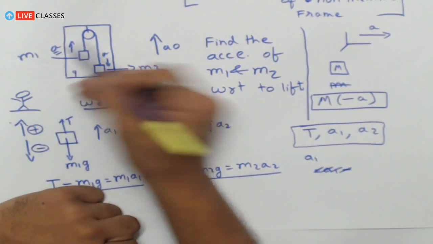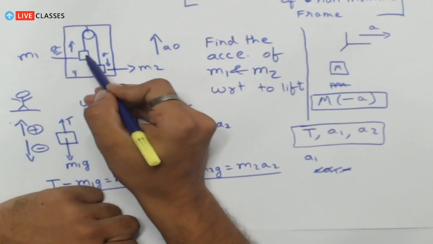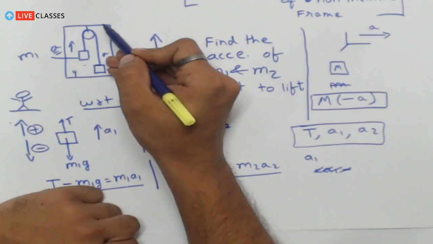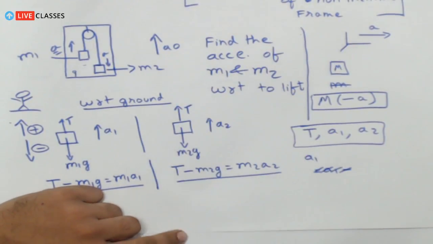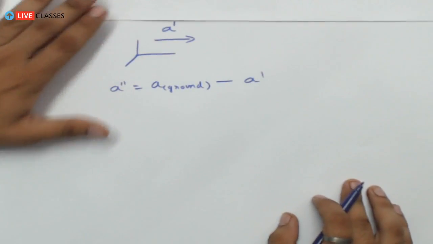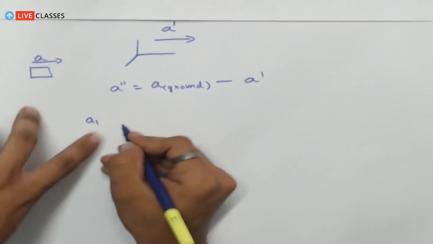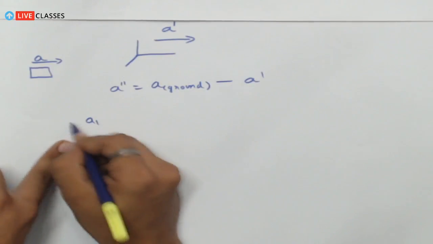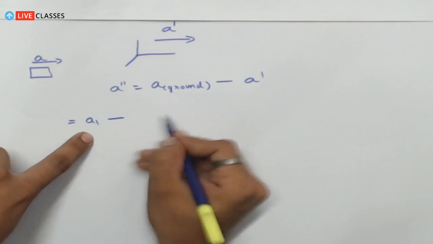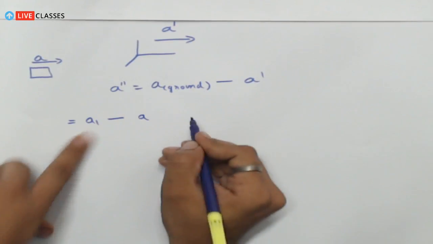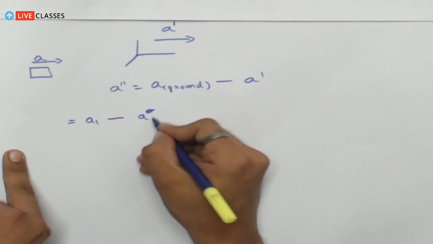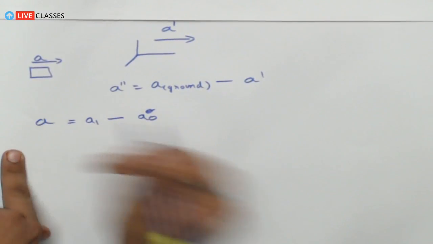So what is this a? This is the acceleration of this block with respect to your lift, right? So what you can write is, remember a1 is with respect to ground, minus the acceleration of the lift, a0, is equal to a.